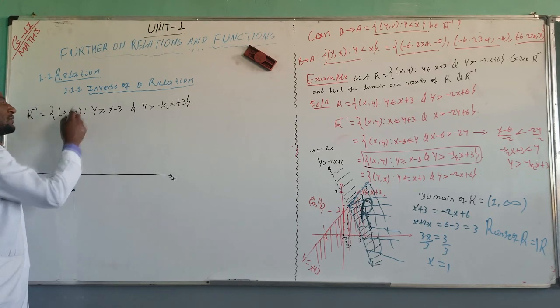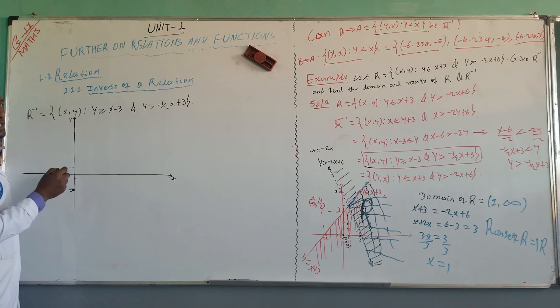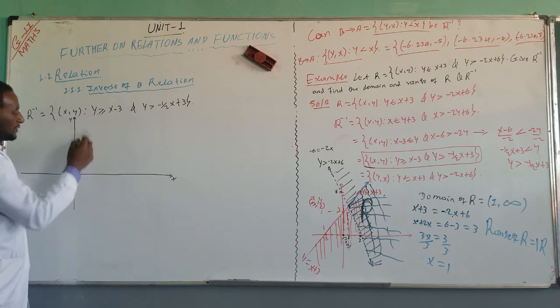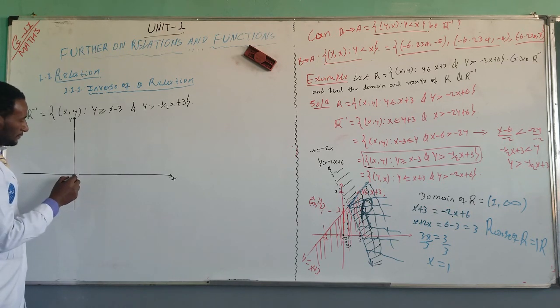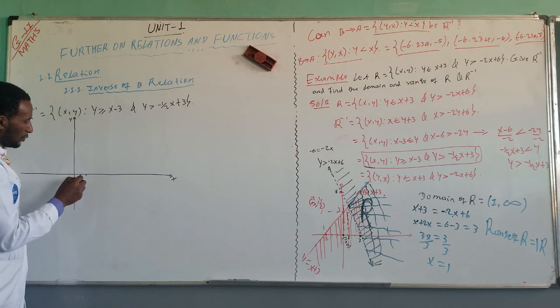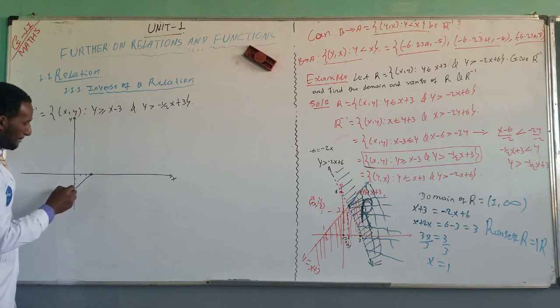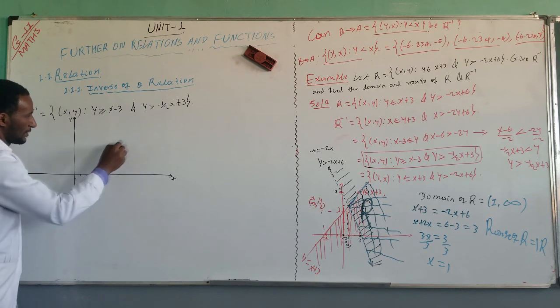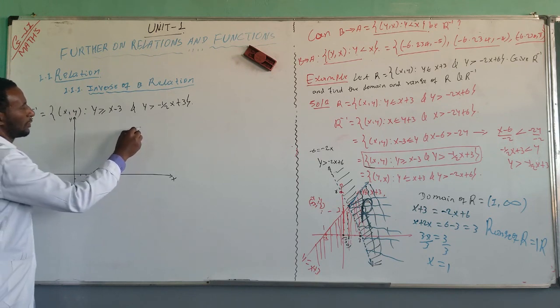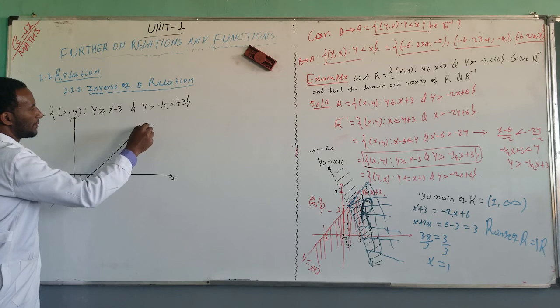When we substitute 0 in place of y, we get the x-intercept, which is positive 3. This is the line for y is equal to x minus 3.